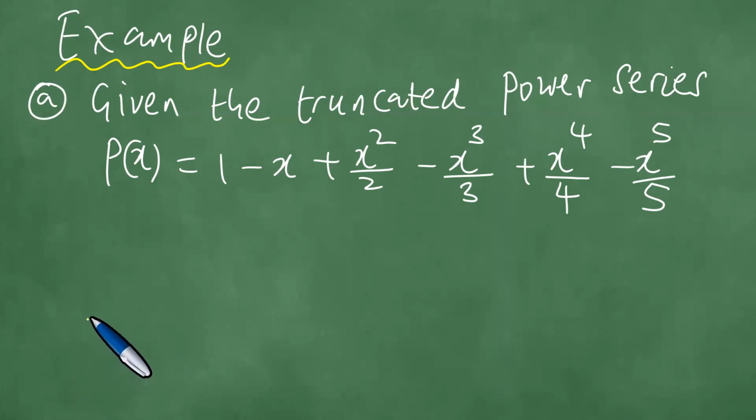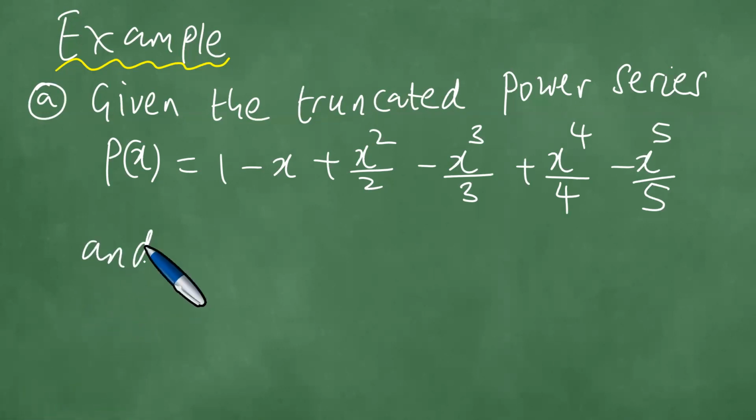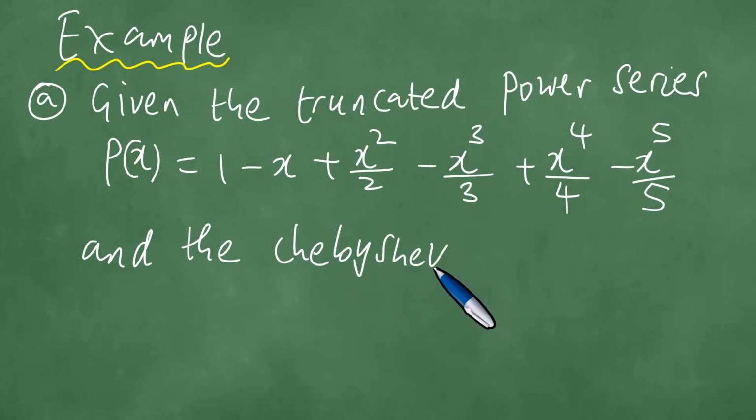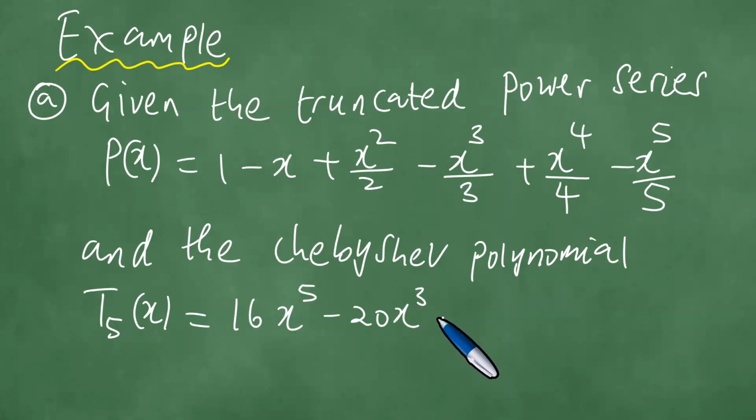Next, in the Chebyshev polynomial, the Chebyshev polynomial T5, which is 16x to the 5th power minus 20x cubed plus 5x.